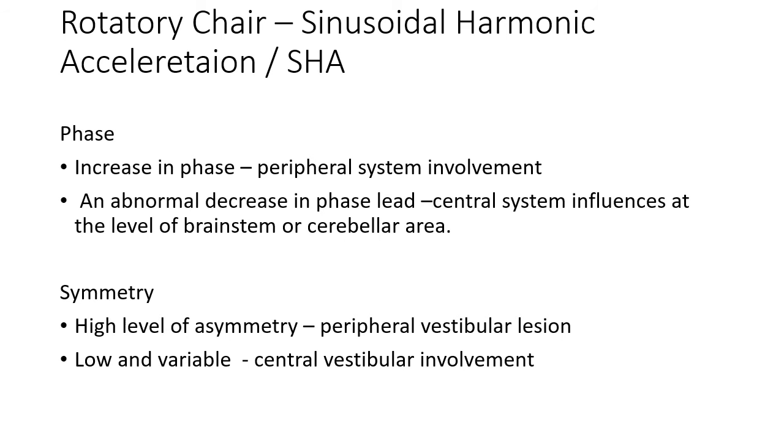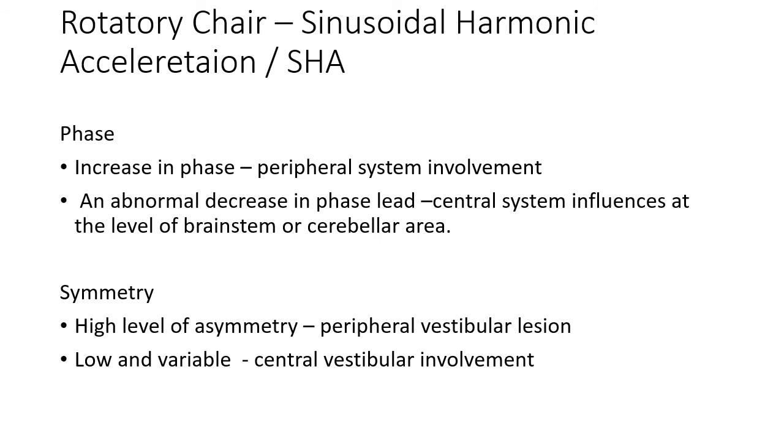Now we look at the second parameter, phase. When it shows an abnormal increase in phase, it suggests an abnormally low system time constant, which is suggestive of peripheral system involvement. Maybe it happens at the labyrinth or eighth nerve, although possible involvement at the level of the vestibular nuclei must be considered.